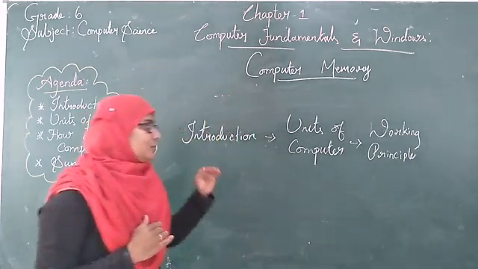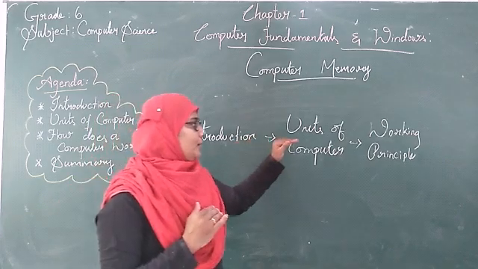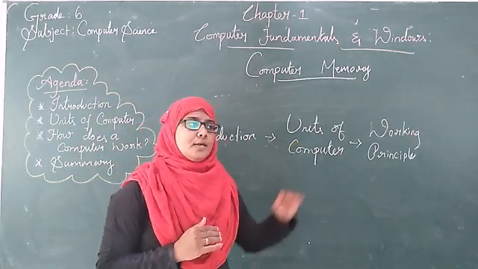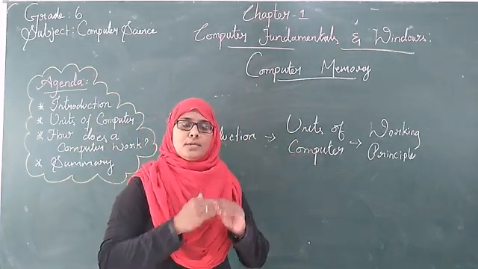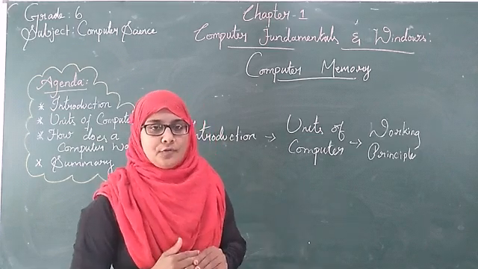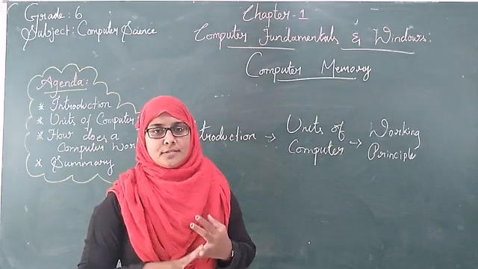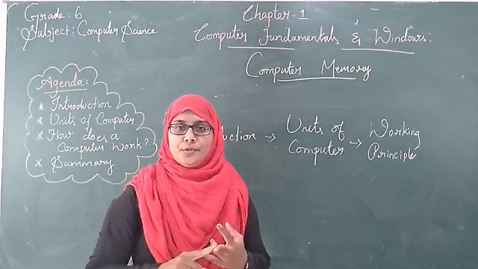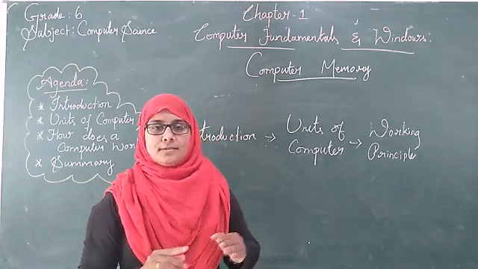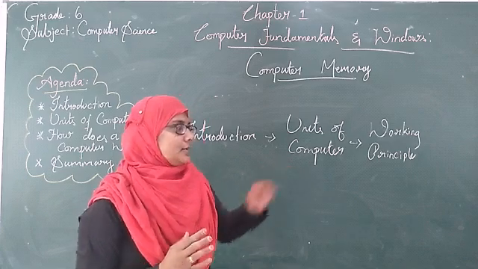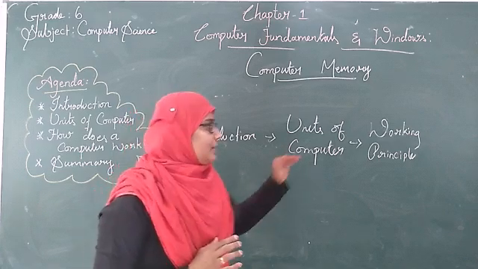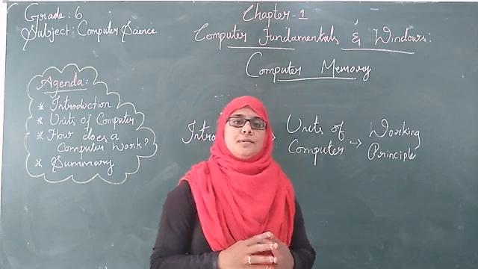And then the next concept is units of computer. Under this concept, we saw the three main units of computer: input unit, processing unit, and output unit. We saw all these three elaborately under this concept. And then the next one is working principles.